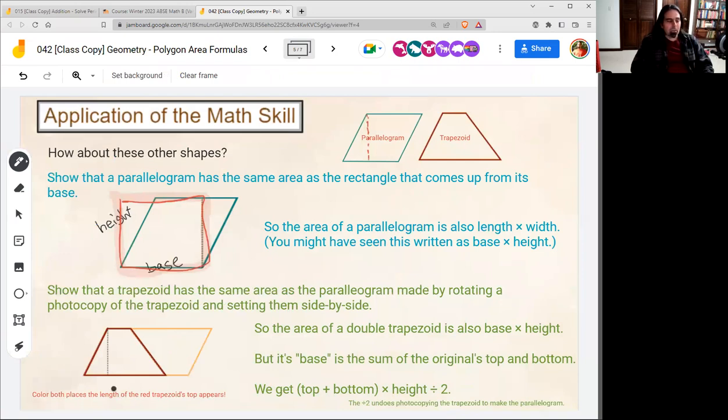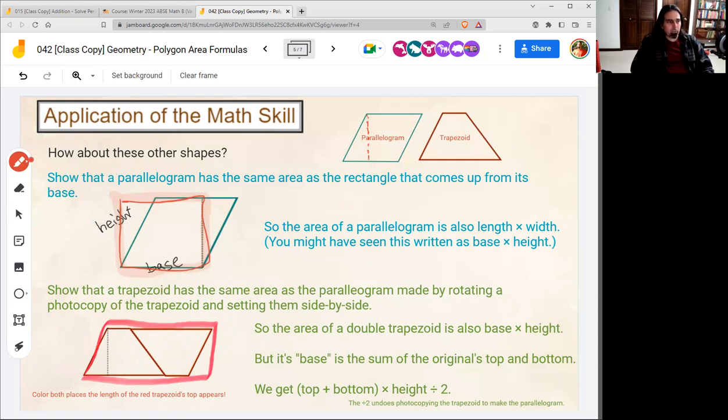But if you are given the formula, it's not really that bad. All it says is that I can take my trapezoid, and if I photocopy it, see I'm moving a copy of it, then I'll turn it upside down. And now I've made a parallelogram.